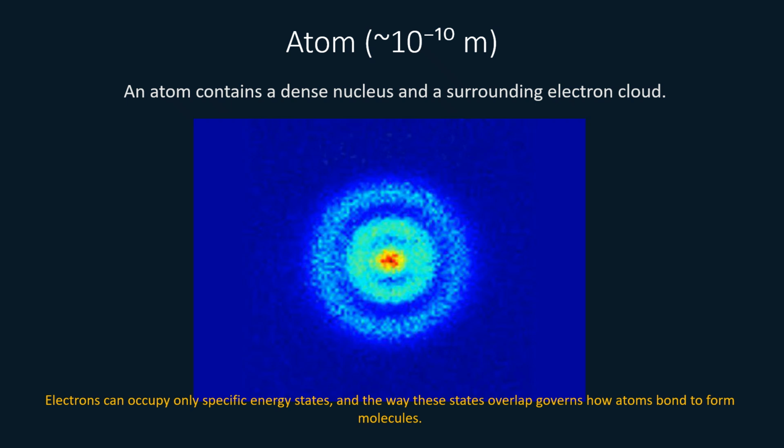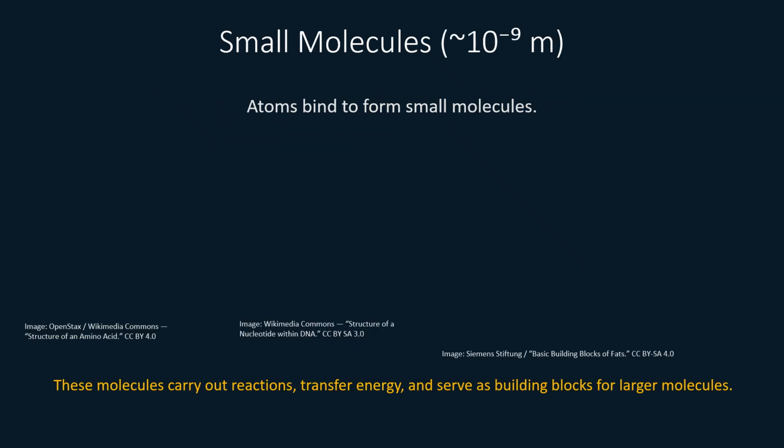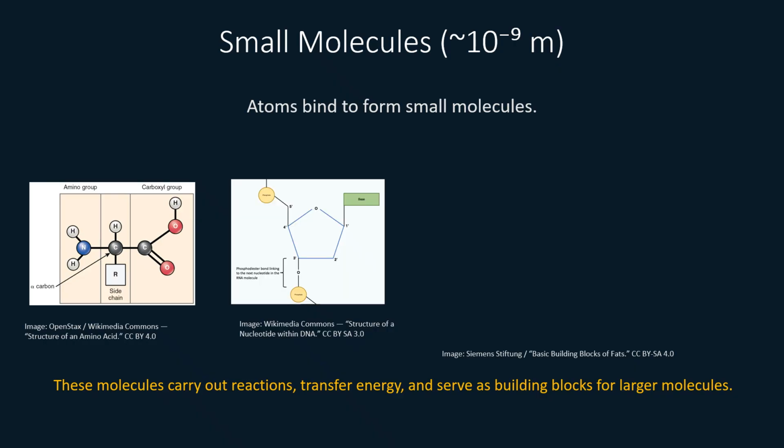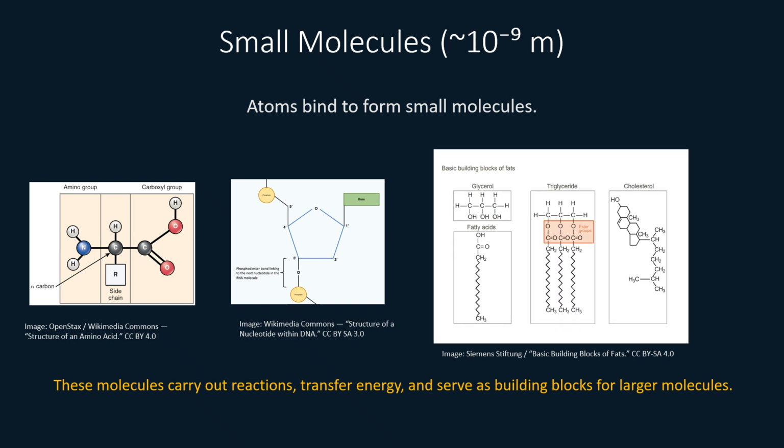Now let's talk about the small molecules. They are typically 10 to 50 atoms, generally under 500 Daltons. So these are your building blocks. Amino acids polymerize into proteins, then nucleotides polymerize into DNA, RNA, and then fatty acids form membranes.